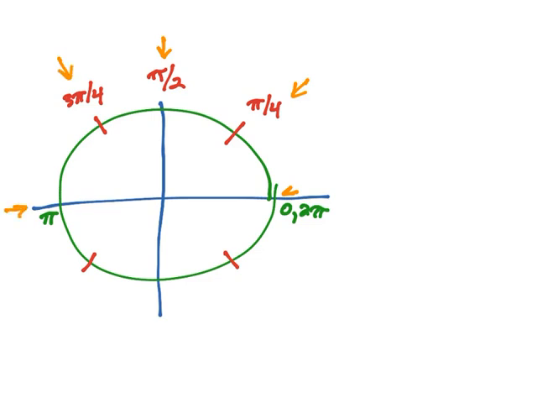This one's 4 pi over 4, which reduces to pi. That makes this one 5 pi over 4. And this one is 6 pi over 4, which reduces to 3 pi over 2. And then we get 7 pi over 4. And if we go back to 0, we would get 8 pi over 4, which reduces to 2 pi.